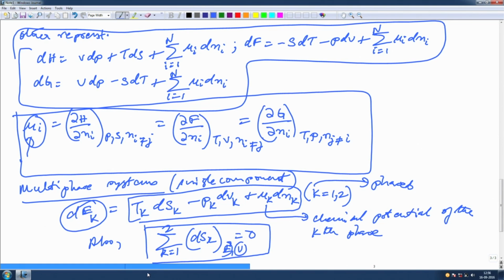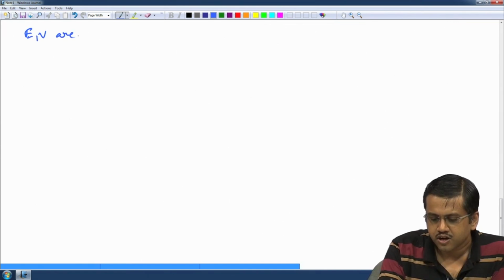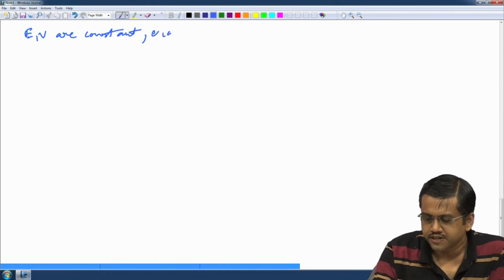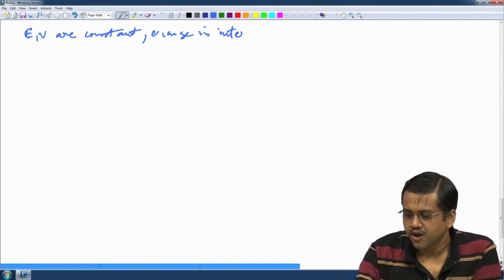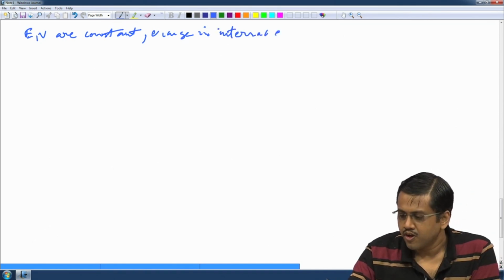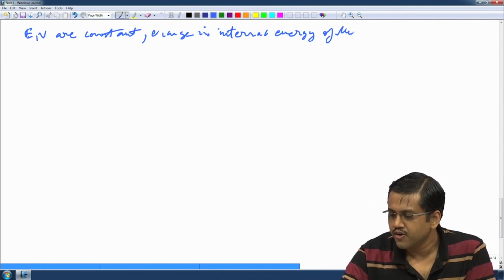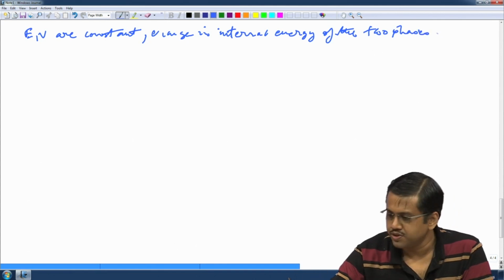So, let us go to the next page and write that since E and V are constant, the change in internal energy of the two phases must be 0 as well.